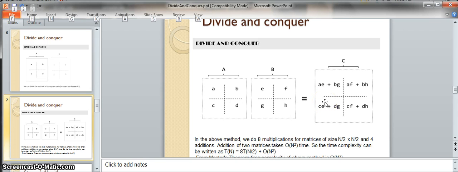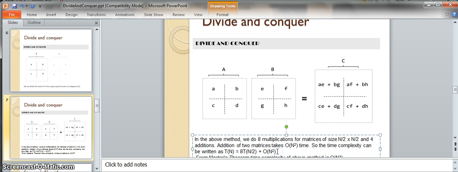If we write the recurrence relation for this matrix multiplication, it is T(n) equals 8T(n/2) plus an additional order of n squared, as the addition of two matrices takes order n squared time.